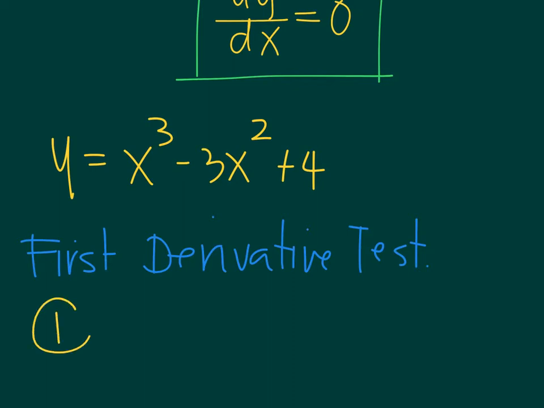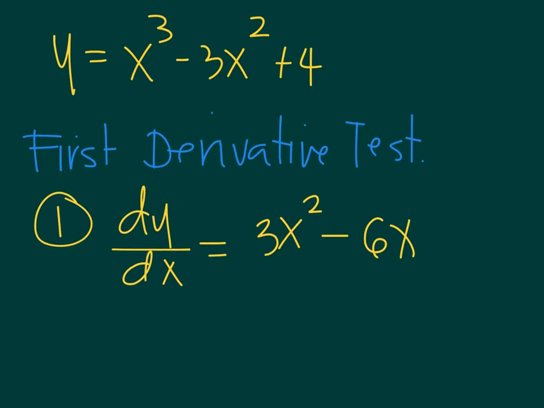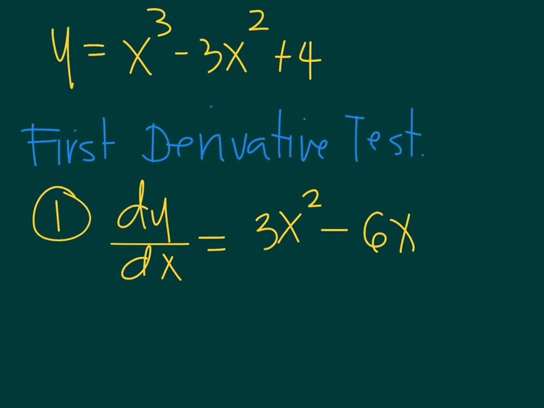Step number 1, you get the derivative of the curve. dy over dx is equal to 3x squared minus 6x. The maximum or minimum values can happen when dy over dx is equal to 0. And that's the main idea.